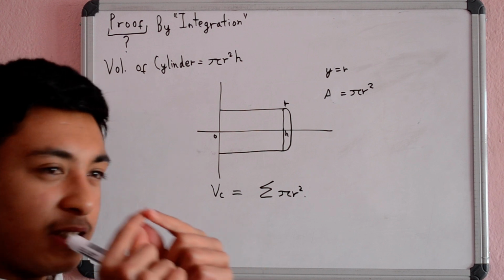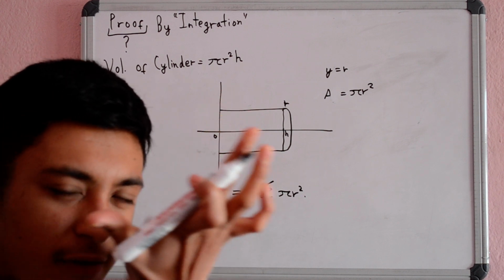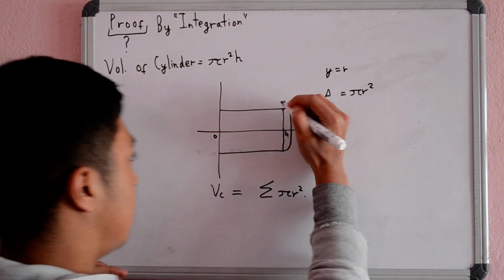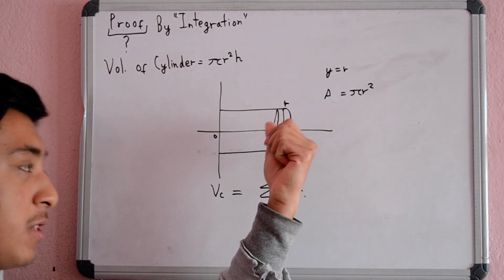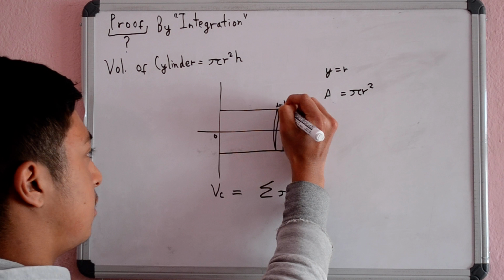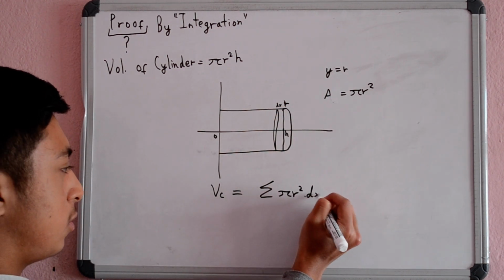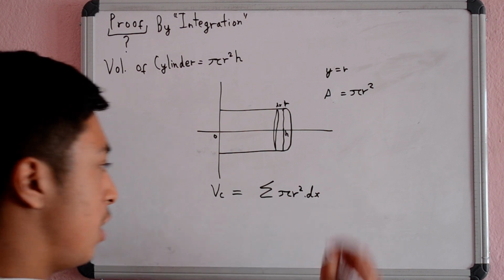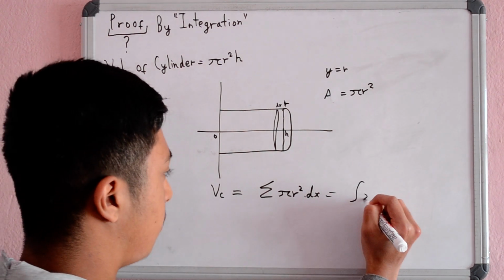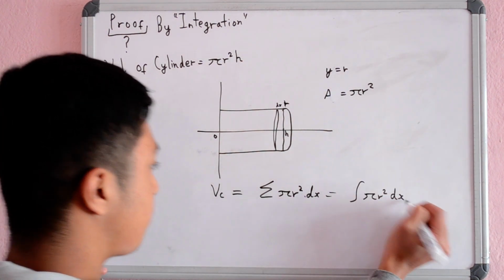Now let's say that this one very thin circle occupies a space in this cylinder of dx. That means we have to sum pi r square dx. Since dx is very small, we can put it in integration form, integral of pi r square dx.